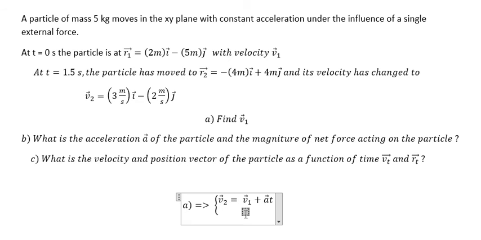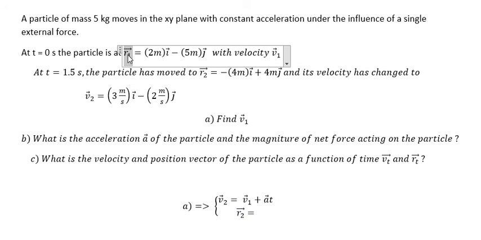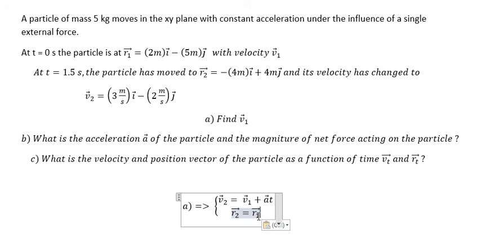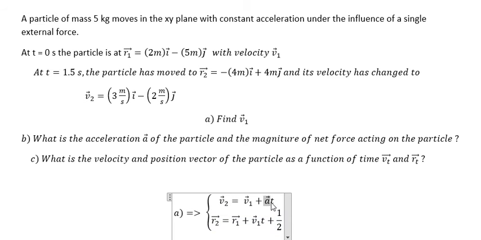The second equation is about r2 equals r1 plus v1 multiplied with t plus 1 over 2 a t, and remember that the t should be squared.